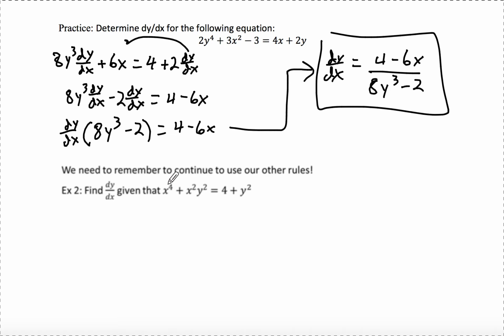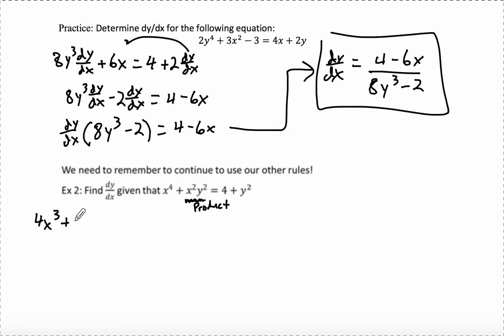I want to take the derivative here of x to the fourth plus x squared y squared equals 4 plus y squared. dy dx, I want to find that, but I see I have x's and y's mixed together. All right, so x to the fourth, derivative of that is 4x cubed plus, now here's an interesting situation, x squared y squared. We have two things multiplied together, and we're trying to take the derivative of both of these. Remember, y is a function of x, so I am going to have to use my product rule.